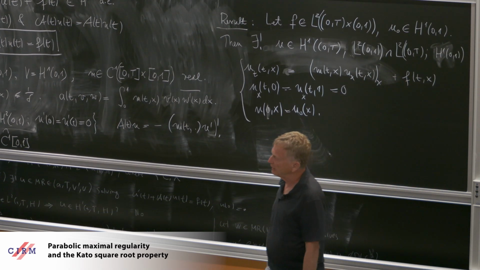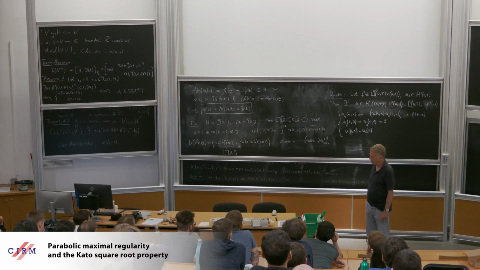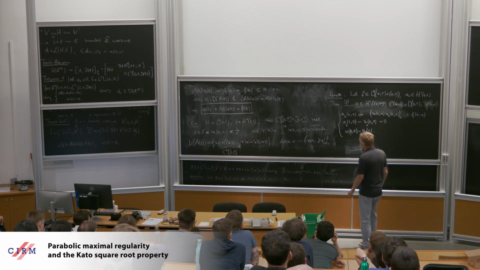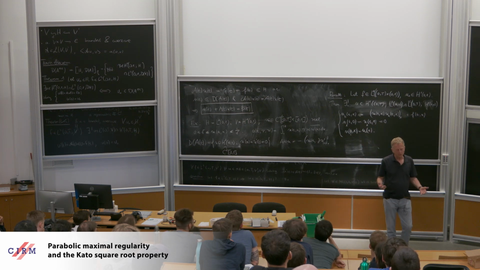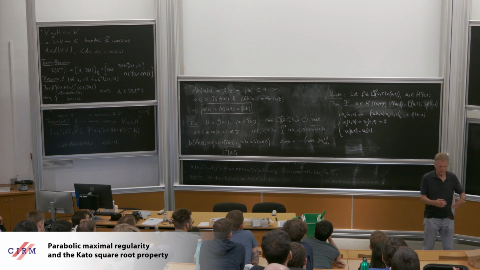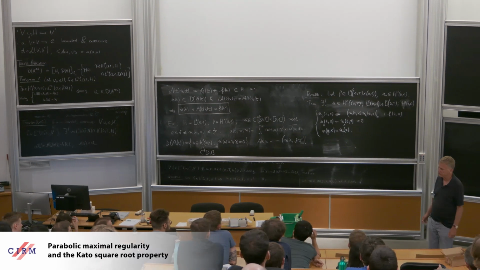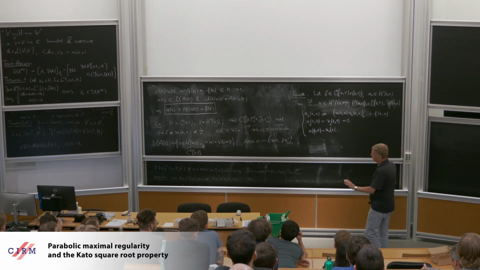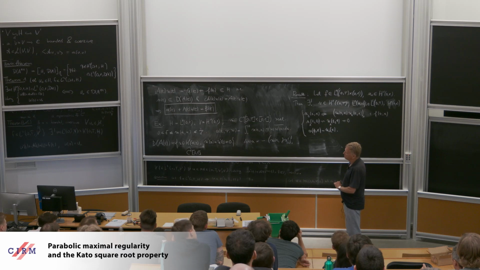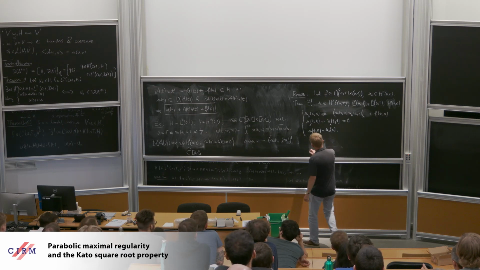Let me just add two results. Much more is known on this Lions problem. I could tell you a series of results, recent results. But maybe abstractly, the problem is completely cleared on the C alpha scale.